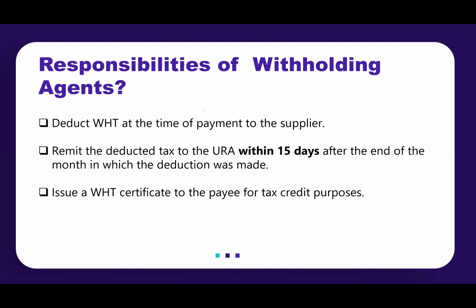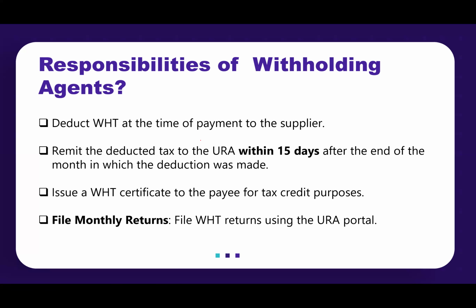You are required to issue a withholding tax certificate to the payee for tax credit purposes. This physical document is needed to claim a credit by the payee, because withholding tax is basically tax that has been paid in advance.